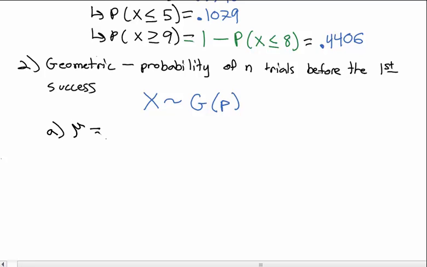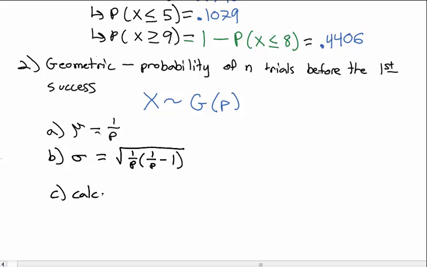Mu, in this case, the average, is going to be the reciprocal of that probability. It's the average length it's going to take before you get a success. The standard deviation formula turns out to be the square root of 1 over p times 1 over p minus 1.